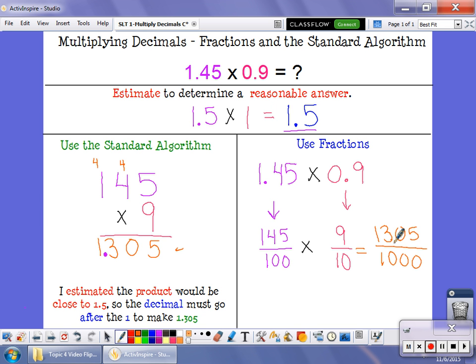So 1,305 thousandths is the same as 1 and 305 thousandths. Because this improper fraction can be changed to a mixed number. And look, 1 and 305 thousandths is exactly how we would say this decimal if we use our place value. 1 and 305 thousandths. So multiplying fractions and multiplying decimals are very similar.